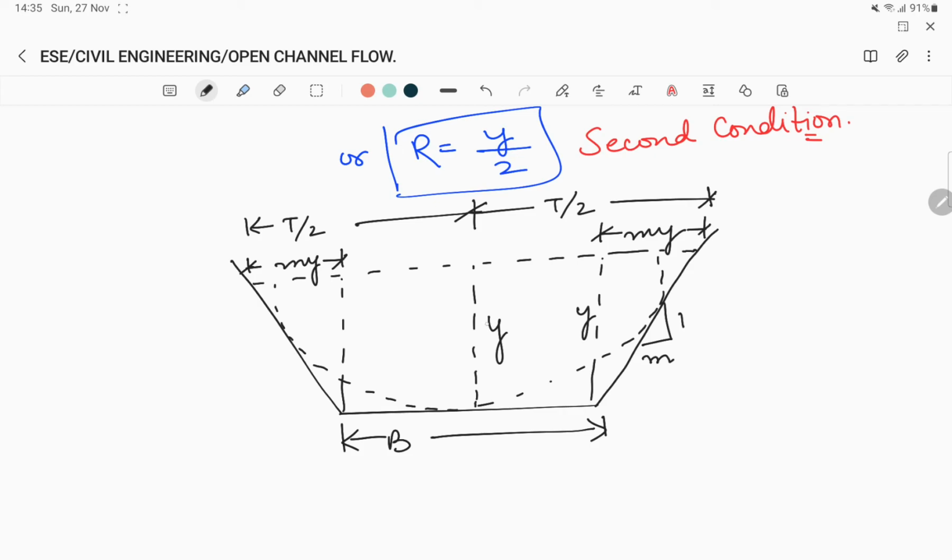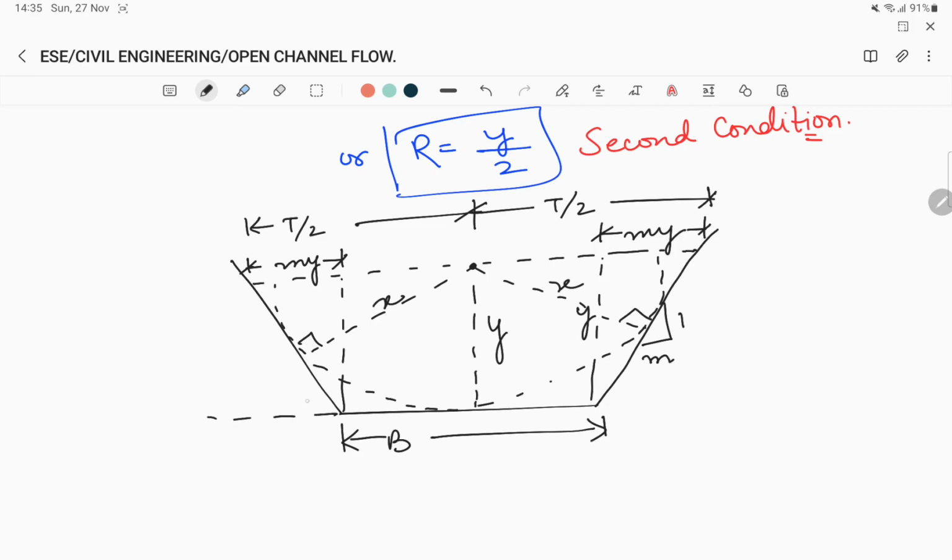Now we are going to derive one condition here. If we take a circular arc with the center at the center of the top width, and if we take this as x and this as x, this is 90 degrees, this is 90 degrees.